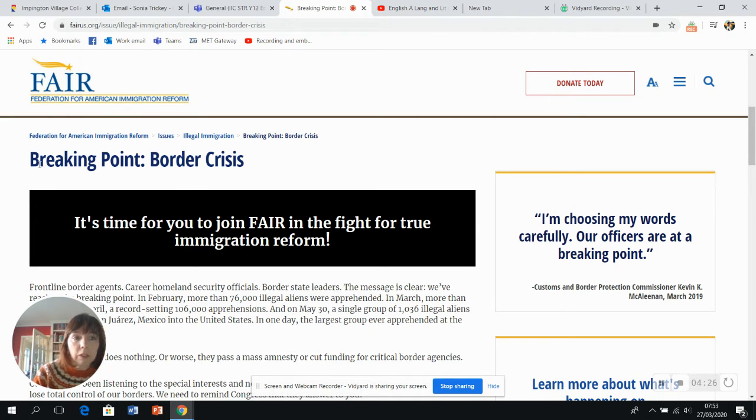It's very brief and it's quite dramatic. And you could go to town analysing the use of plosives here with the B, the P, the K, the T, the B here, and the C here. They're quite loud, plosive, dramatic sounding words. Breaking point, border crisis. And it assumes that the reader recognizes that this is an issue.